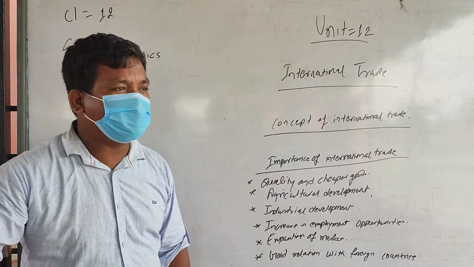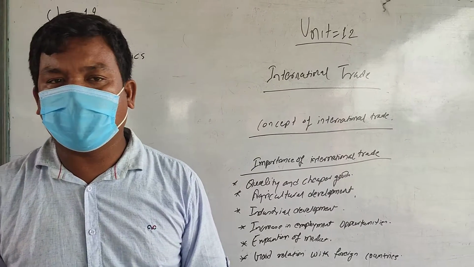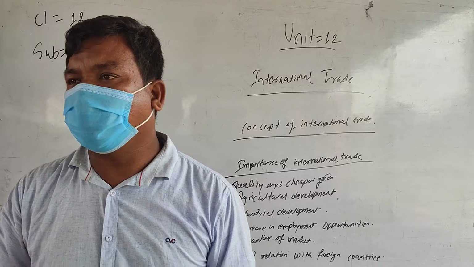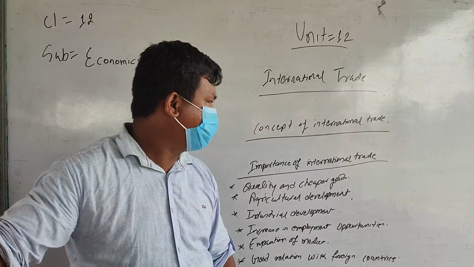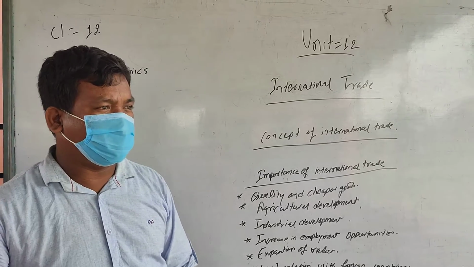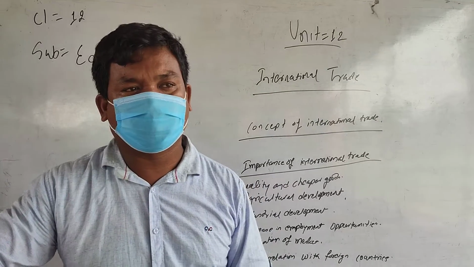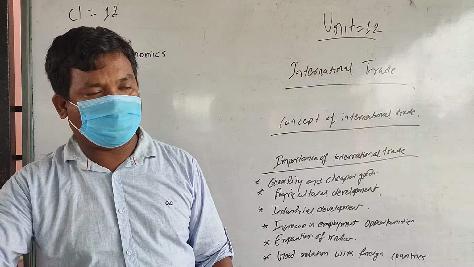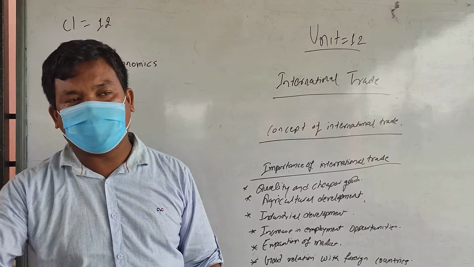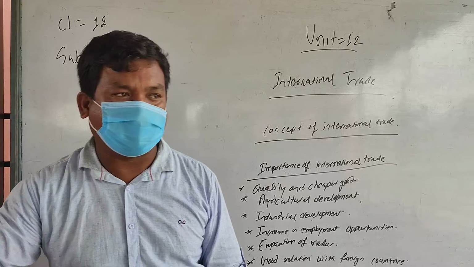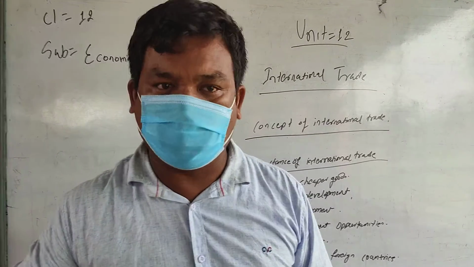So when goods are imported and exported from one country to another country, that is called international trade. Usually in international trade, goods are exported and imported. So the buying and selling activities in international trade are called importing and exporting.